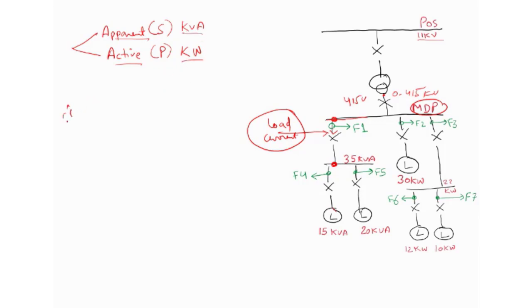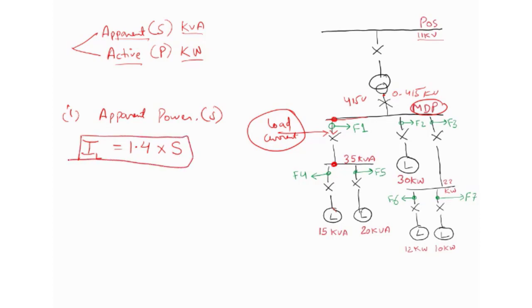First case: if I calculate the load current by apparent power, the load current will be directly equal to 1.4 into the apparent power. I'm just taking this as an example, don't worry. And the value of this current will be in amperes.